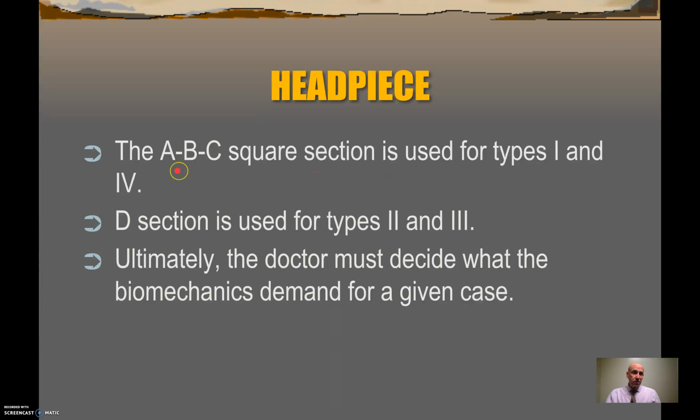So the headpiece, the square portion of it, the A, B, and C, is used for types 1 and 4 typically. The D section is used for types 2s and 3s, but these are just guidelines, they're not rules. Ultimately, the doctor must decide what the biomechanics demand for a given case.